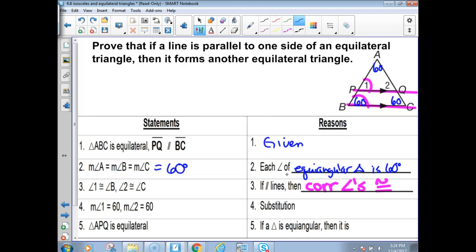So that was by corresponding angles. They gave angle 1 congruent to angle B, angle 2 congruent to angle C. And then they traded 60 in for B and C and made a substitution. Now, if 1 and 2 are 60 and also the angle up here is 60, then that means APQ is an equilateral triangle, because if a triangle is equiangular, then it is equilateral.